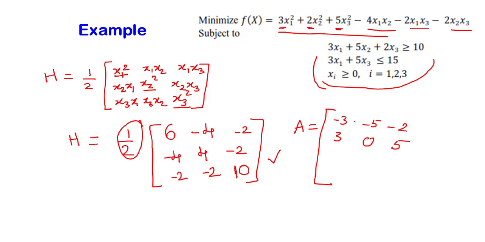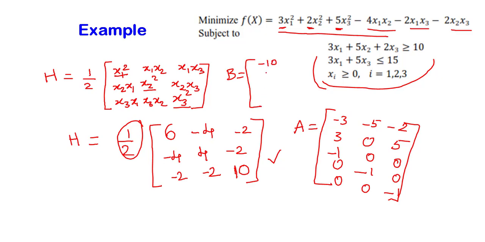And x1 greater than or equal to 0, x2 greater than or equal to 0, x3 greater than or equal to 0, so I will write minus 1 0 0, 0 minus 1 0, 0 0 minus 1. This will become my A matrix. And the B matrix will be minus 10, 15, 0, 0, 0.